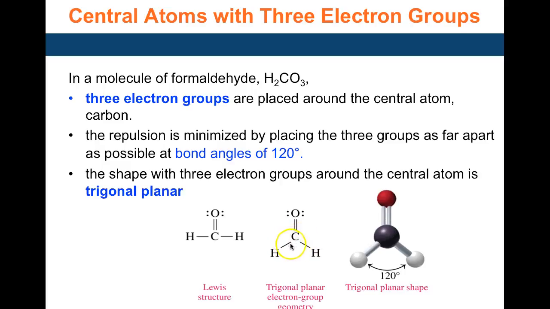And therefore, just like a triangle, the bond angle is 120 degrees. And planar means, unlike methane where you have one bond going behind and one coming forward, all of these bonds are in the same plane. So that's the shape for 3 electron groups.